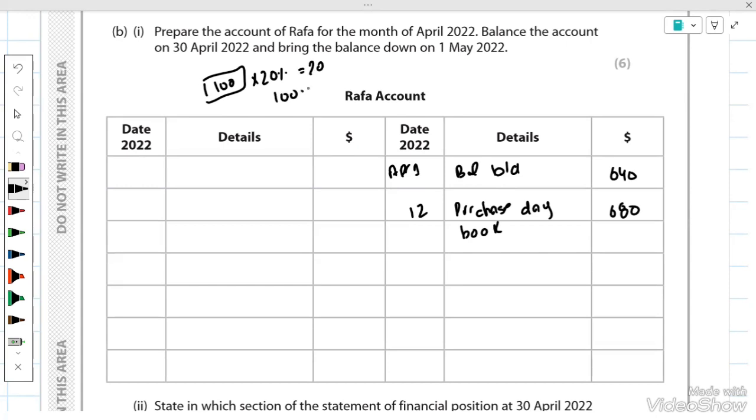So 100 minus 20 is equal to 80. So the worth of these goods is 80. We record this transaction in the purchase return journal. So Rafa account is debited and purchase return journal is credited.